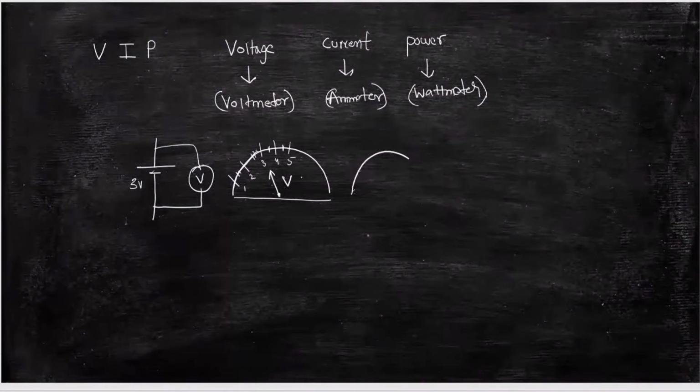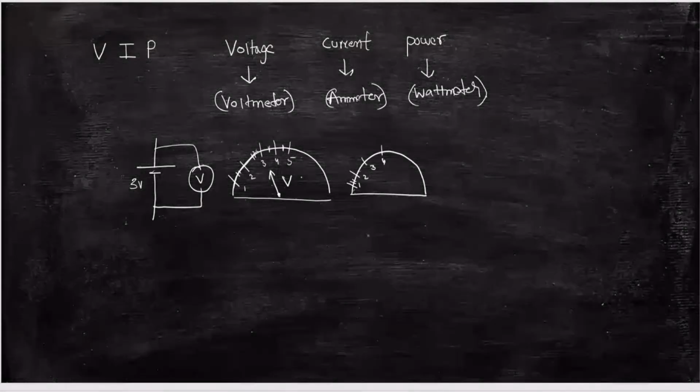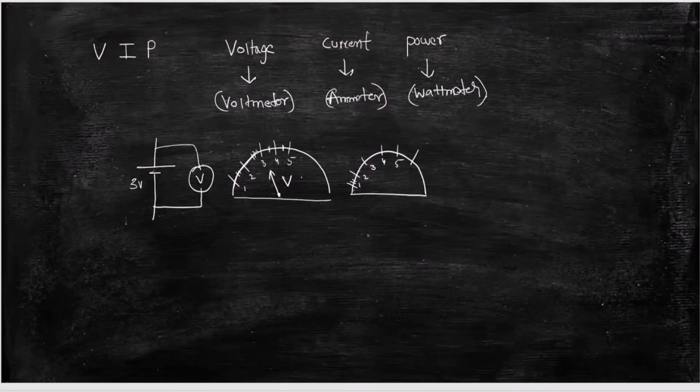Similarly, we have an ammeter. The ammeter will have a scale like this, as if the voltmeter is having 1, 2, 3, 4, 5, 6, 7, 8, like that.